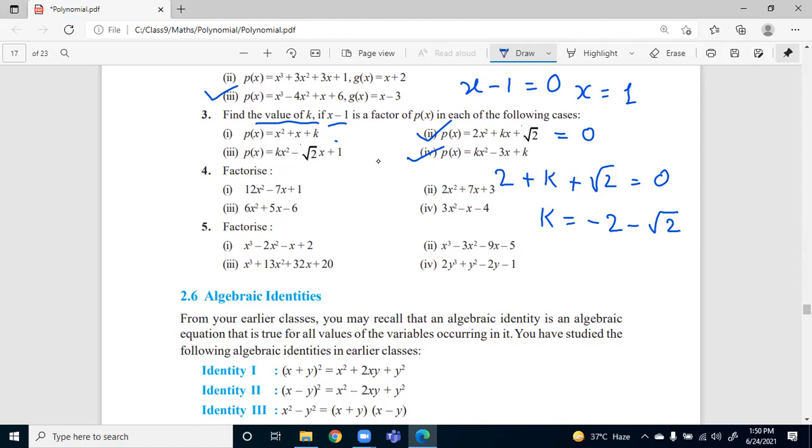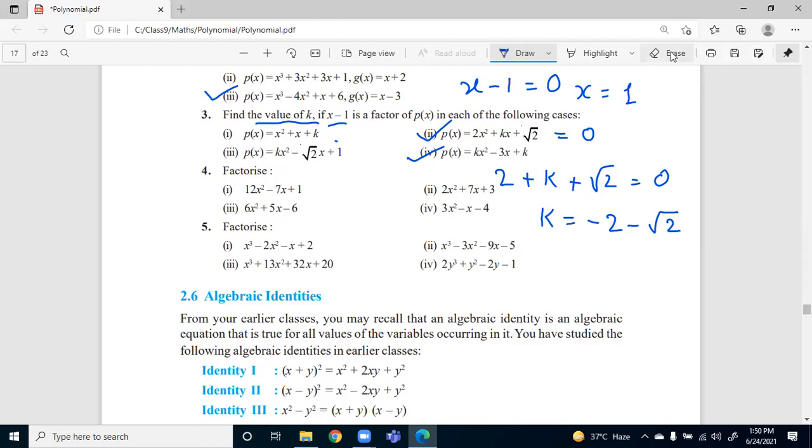It is correct. Now can you tell this one? Divyansh, yes, ma'am? What are you saying? Now can you tell this one? Leona, how did you get the answer?